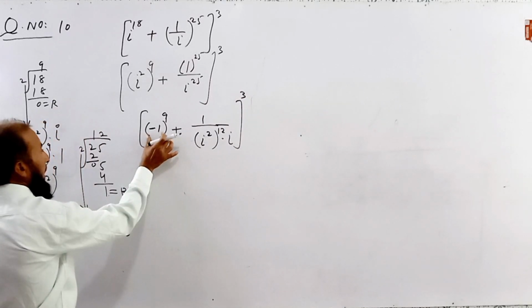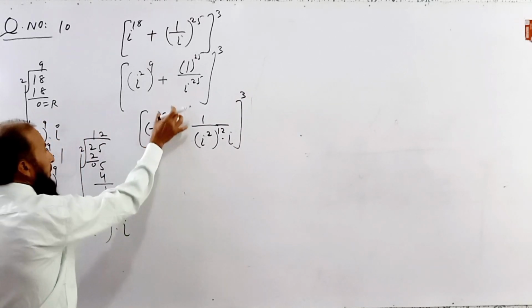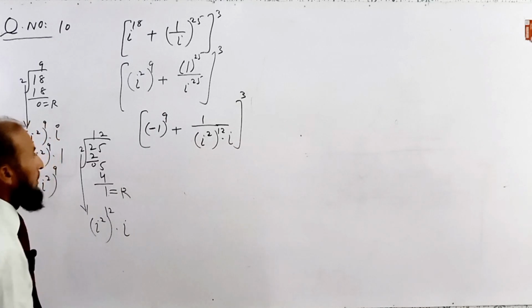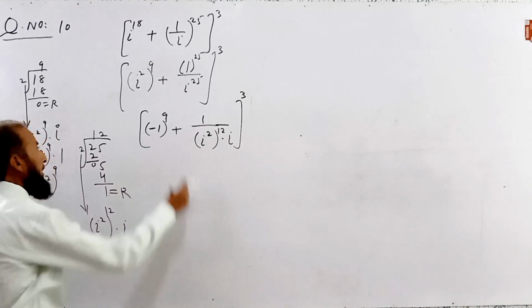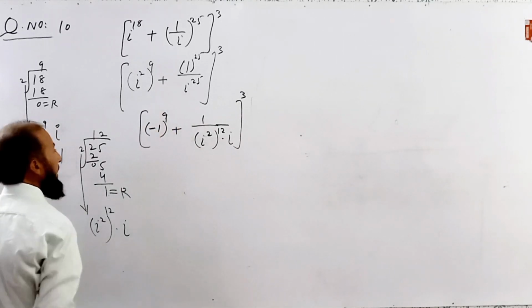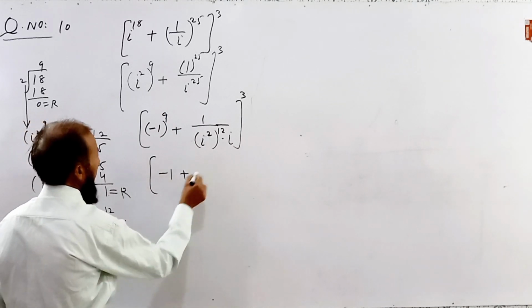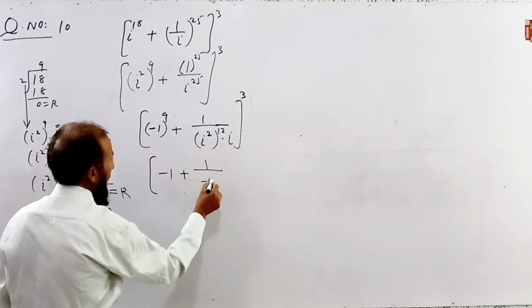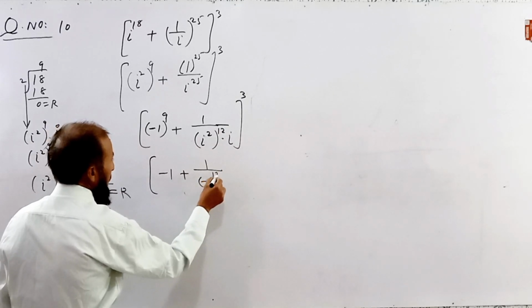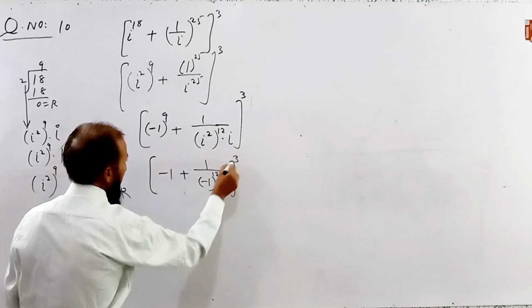Now minus 1, if we multiply 9 times, we get minus 1 because the exponent is an odd number. Similarly here, we put the value of i square as minus 1, to the power 12, into i, whole power 3.